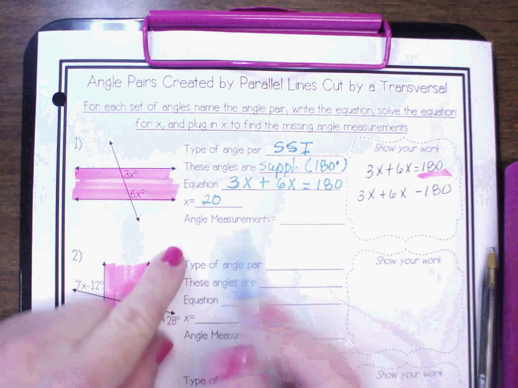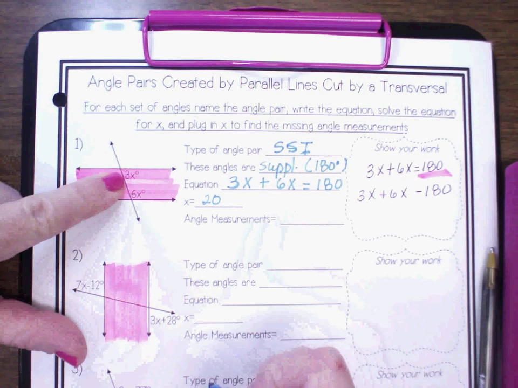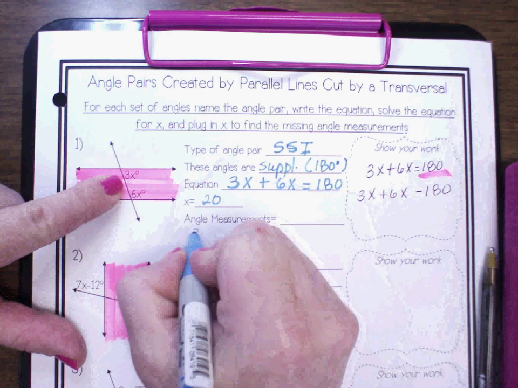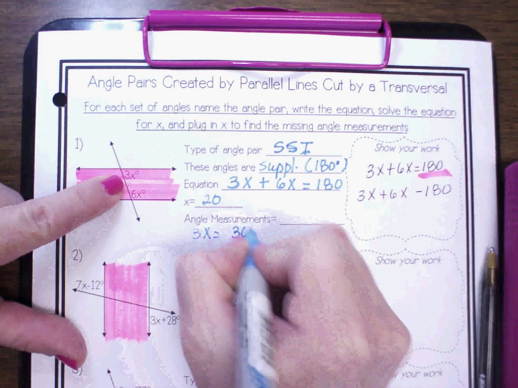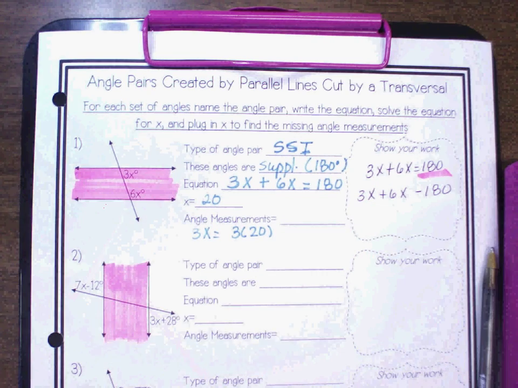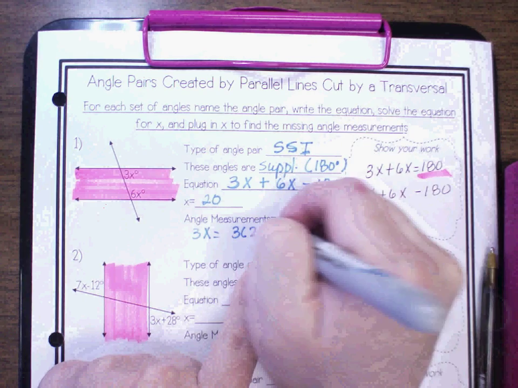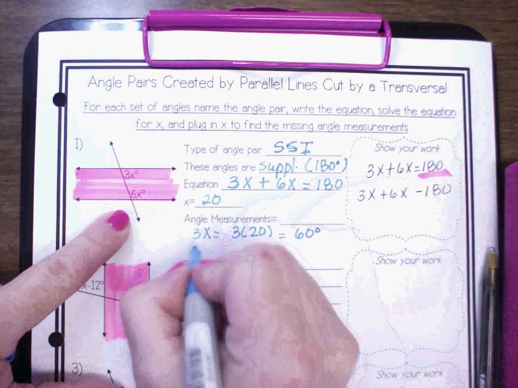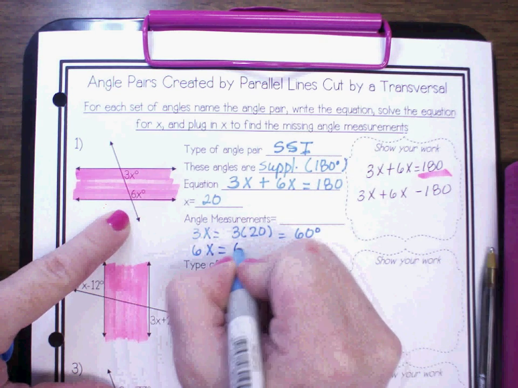And tell me what you got. So I got 20. Do we agree? Yes, so x equals 20.